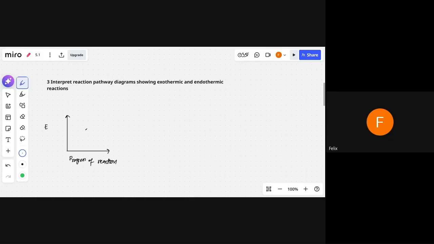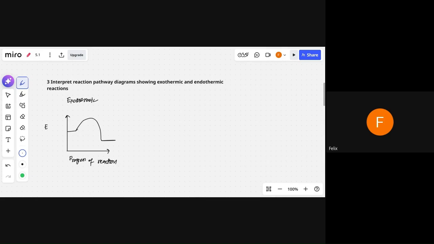I'm drawing this one for exothermic. For an exothermic reaction, the reactants are always higher than the products, right? So let's say reactants are here. The products will be lower than the reactants, right?